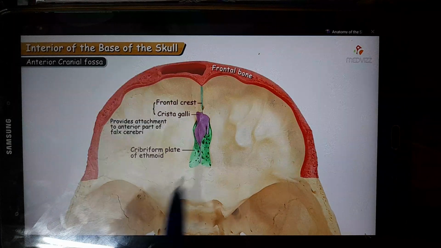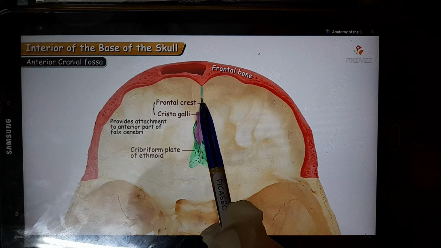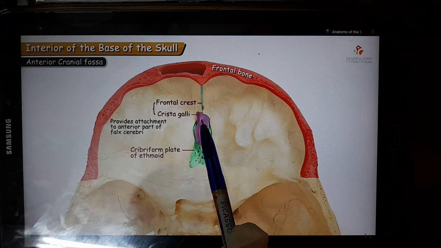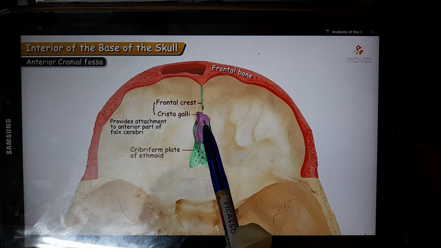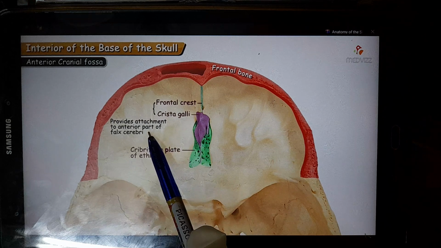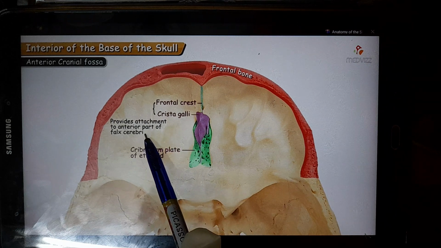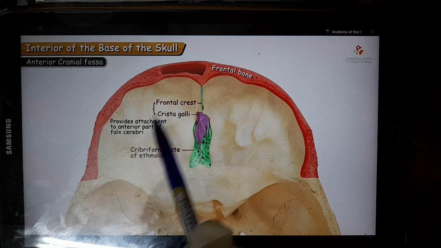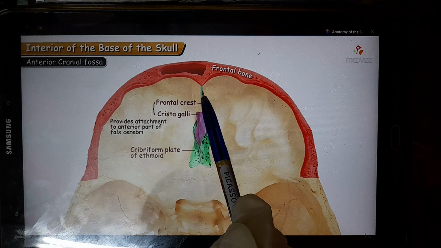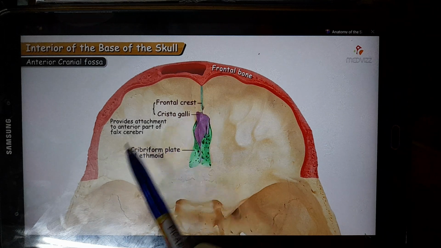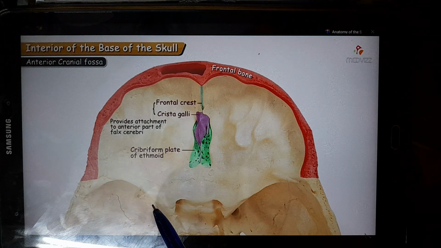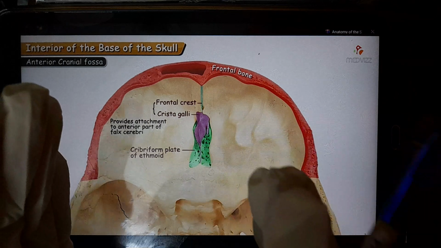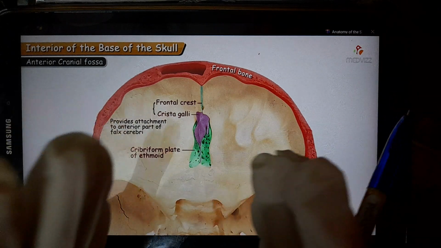Now both the frontal crest and the crista galli combine together and provide an attachment to the falx cerebri, which is a fold of dura mater that runs from the anterior region to the posterior region, in the posterior cranial fossa, and divides your cerebral hemispheres into two parts.